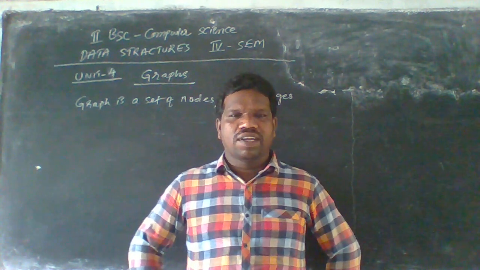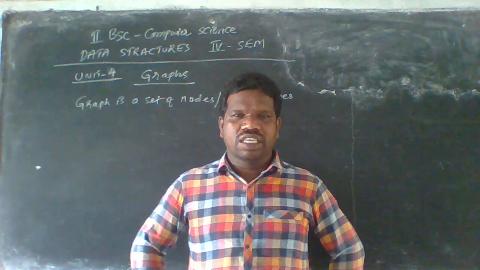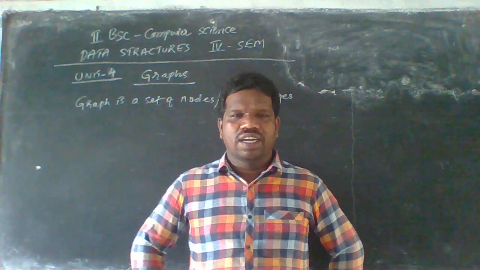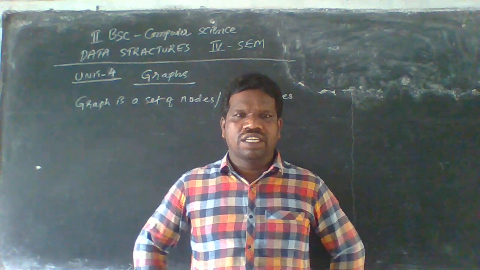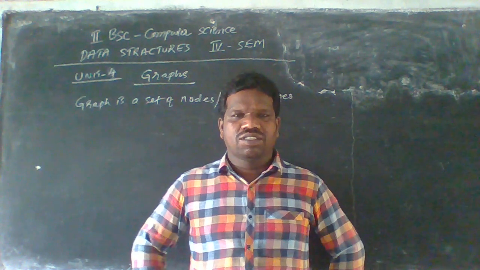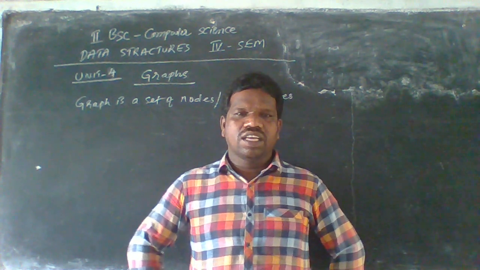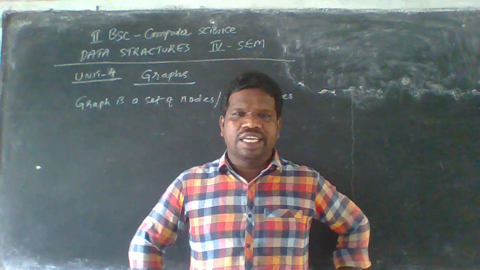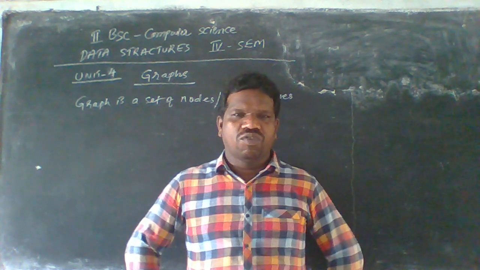According to data structures, there are two types: primitive data structures and non-primitive data structures. In the primitive data structures we have int, float, char, double.